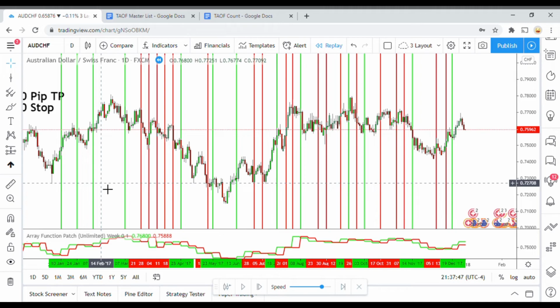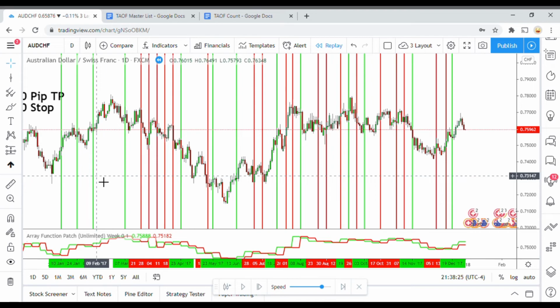So we have 32 trades all together. And we have 13 winning trades. And so, yeah, unfortunately, that's not going to meet the 60% criteria.